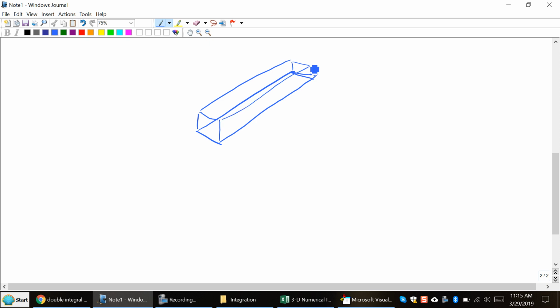And I want to calculate kind of the trapezoidal volume. What I do is I just cut it in half. Let me say right here. Just cut the thing in half.